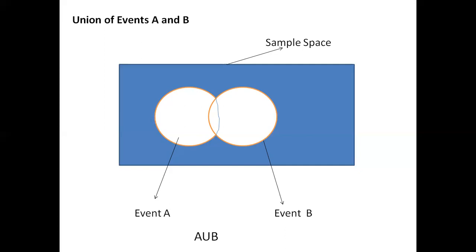If there are two events, event A and event B, then the union of A and B is the event containing all experimental outcomes belonging to A, this event, or B, this event, or both, this part. This is the union of events A and B.